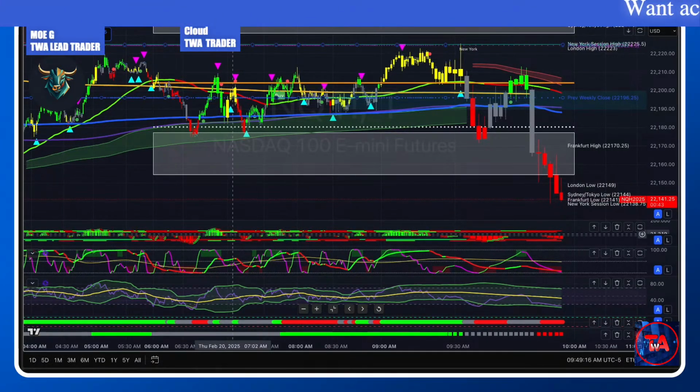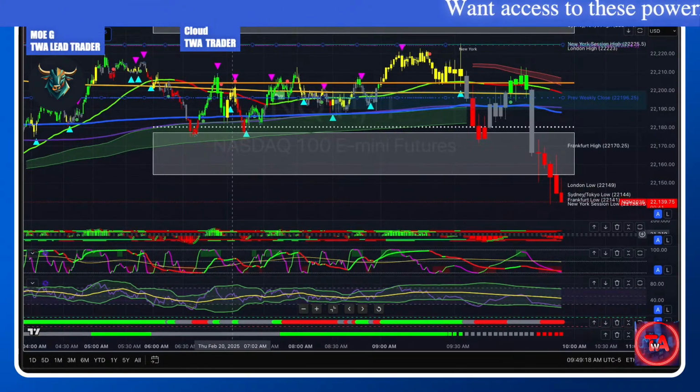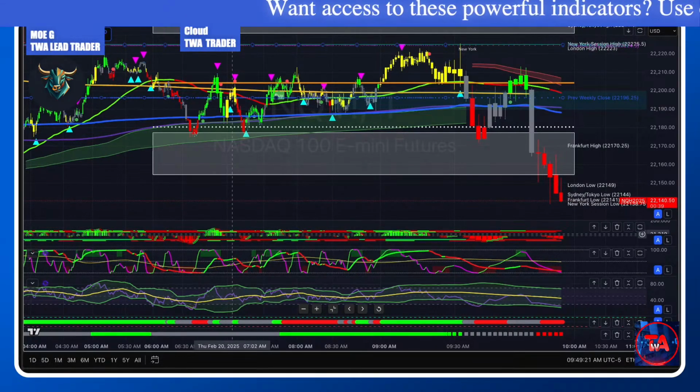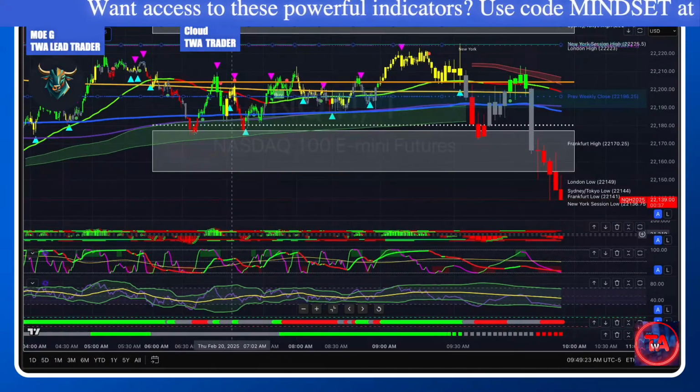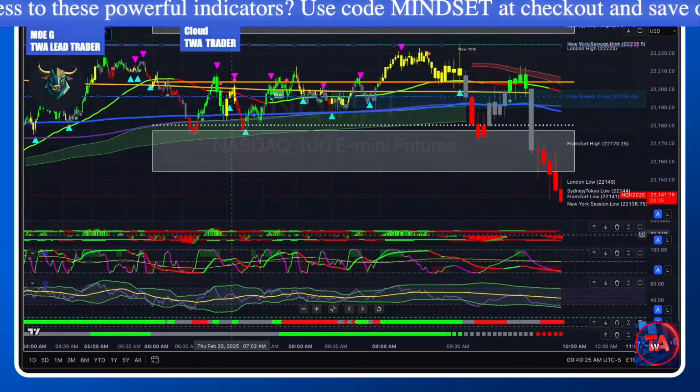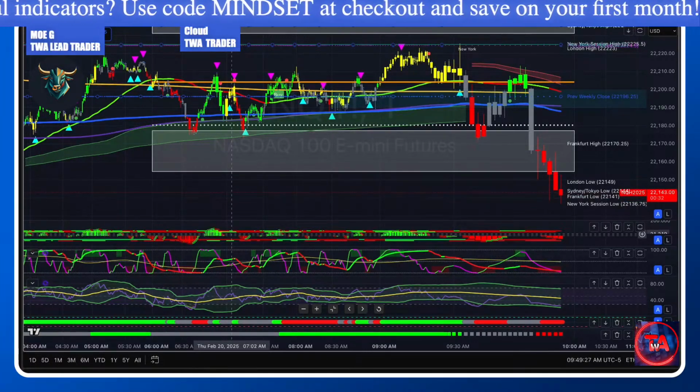Oh, it wants to go lower. Nasdaq is not playing fair today.